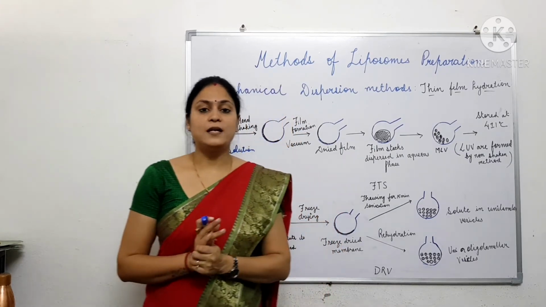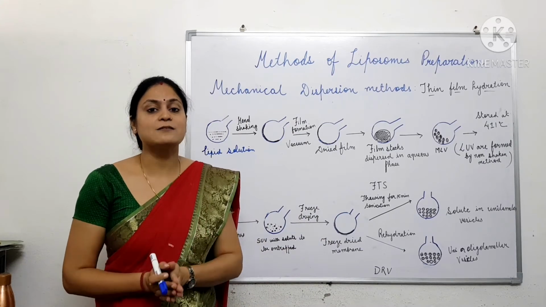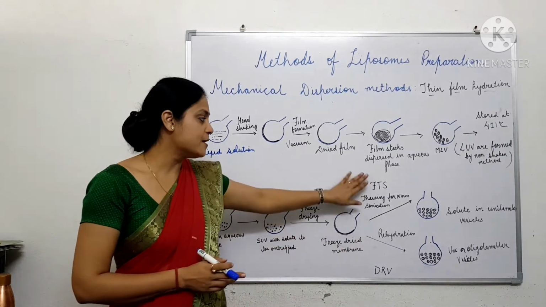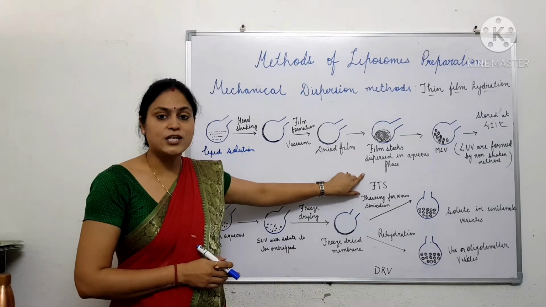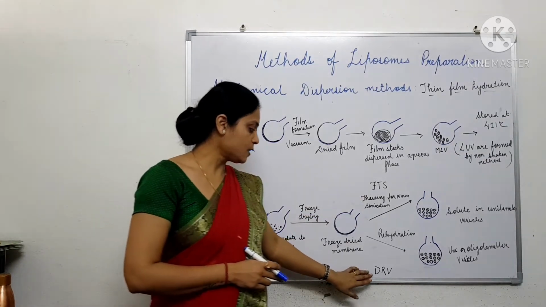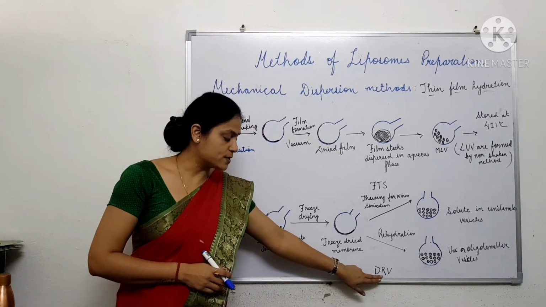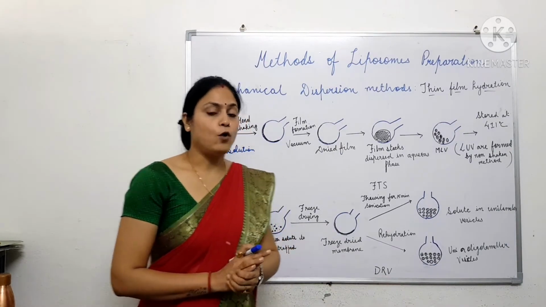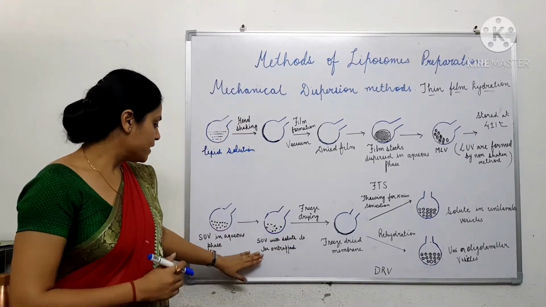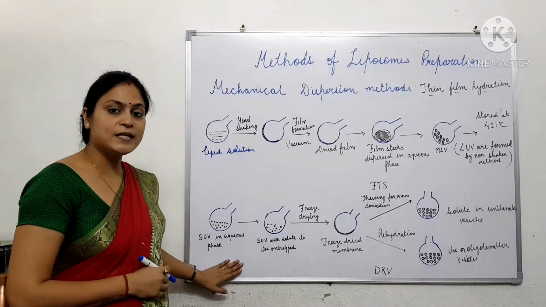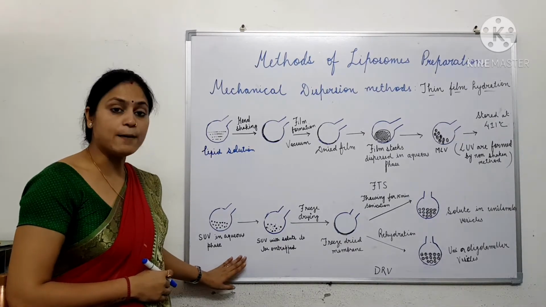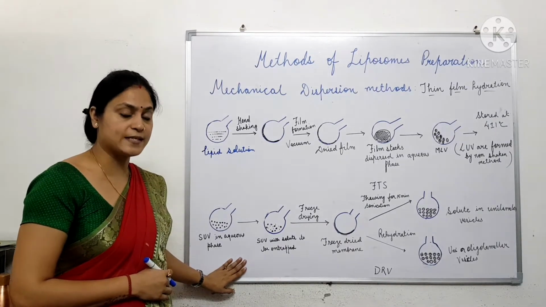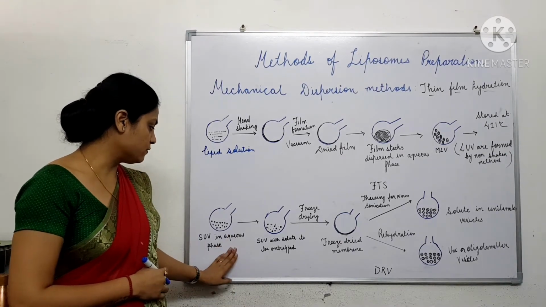So this entrapment efficiency could be increased with the help of techniques such as the freeze-thaw sonication method or dehydrated reconstituted vesicles. So what happens in this method? Initially, empty small unilaminar vesicles are taken in a round bottom flask.